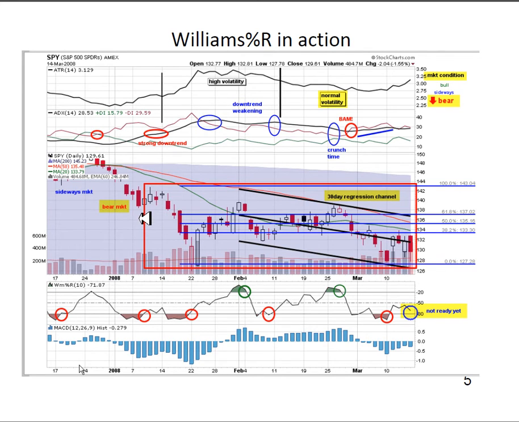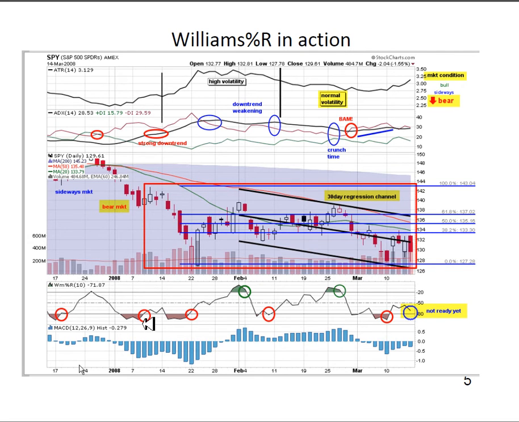So if you use this oscillator, you have to recognize whether you would be trading with or against the primary trend. In this case, the primary trend is down. That's why signals like here in February and then late February can be powerful, because it talks about a resumption of the trend in the direction of the primary trend.